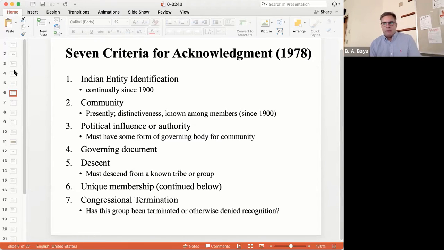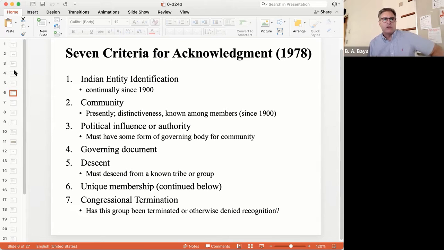There has to be 4, I believe, of these things, or maybe they all have to be recognized. The criteria for acknowledgement as federally recognized Indian tribes are delineated in paragraphs A through G. So all of these have to be apparent.